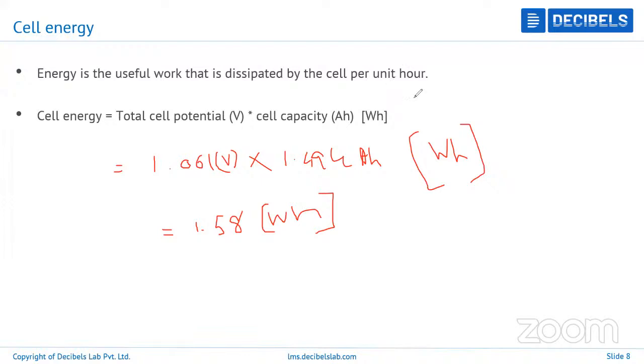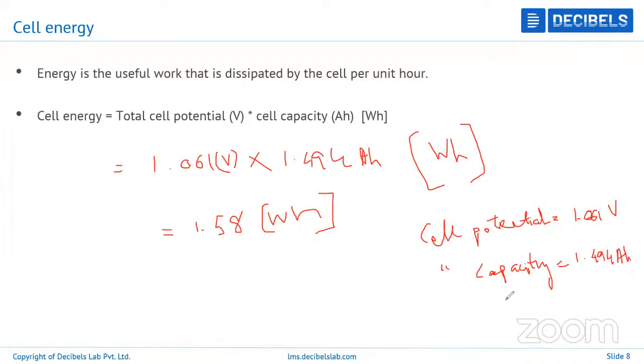So these three are the primary parameters, so you can just write it down. Cell voltage or cell potential, 1.061 volts; cell capacity, which is 1.494 amperes, right?